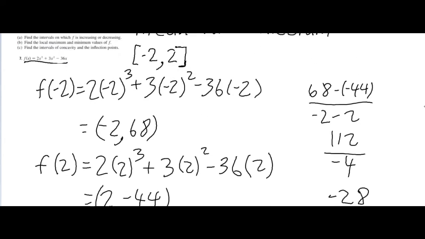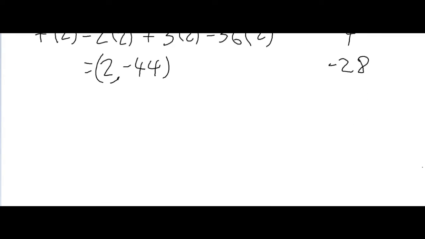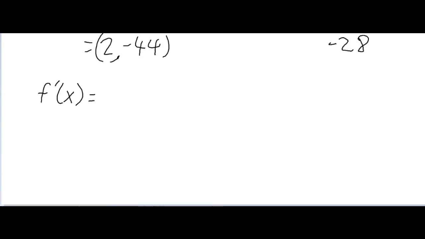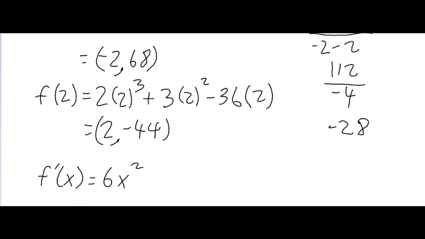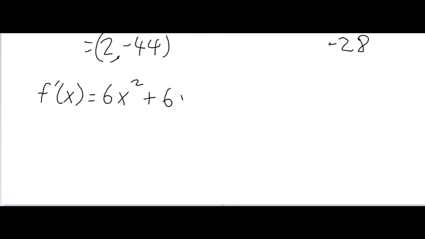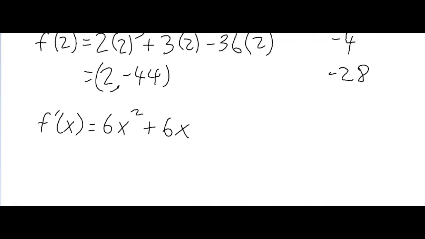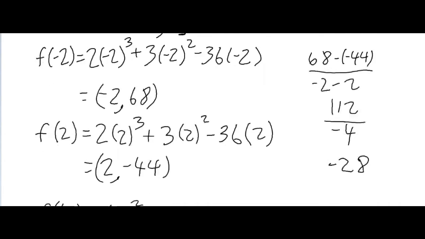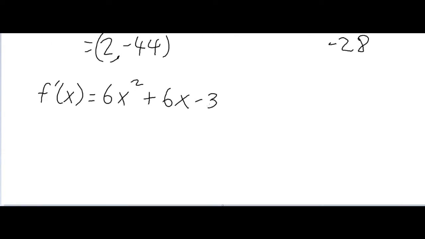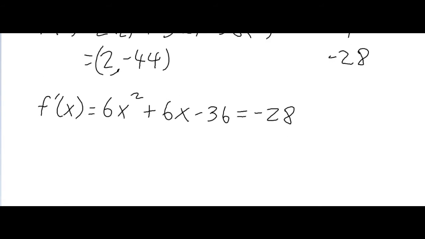So now that we have our value of negative 28, we need to find our first derivative, or really just our derivative. And we already know that. It's going to be 6x squared plus 6x minus 36. And we have this equal to negative 28.